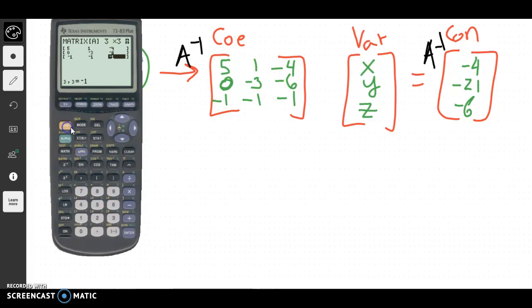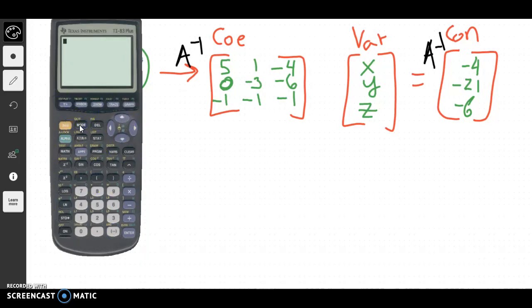I'm going to hit second quit when I'm done. And now we have this matrix to fill in. So I'm going to say second matrix. We're going to go over to B. And then this is a 3x1. So we're going to fill that in, which is -4, -21, and then -6.